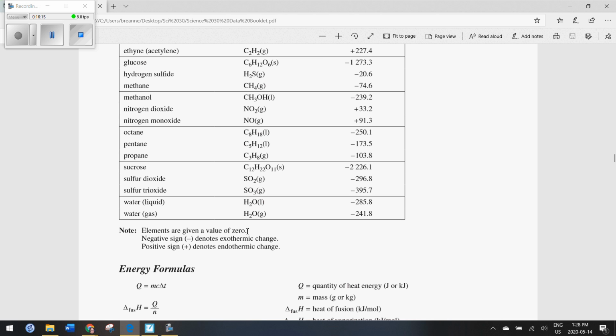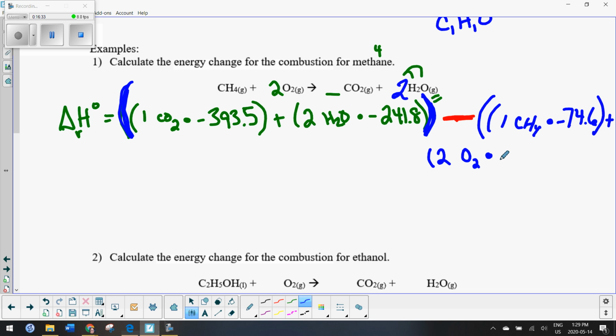Okay, sometimes they'll give you a heat of formation in a question if it's not found in this table. But in this case, down here, elements are given a value of 0. Is oxygen an element? Yes, it is. It's found on the periodic table by itself. So what that means is anything times oxygen is 0. Okay, so you close your bracket, and then you close that big bracket again.